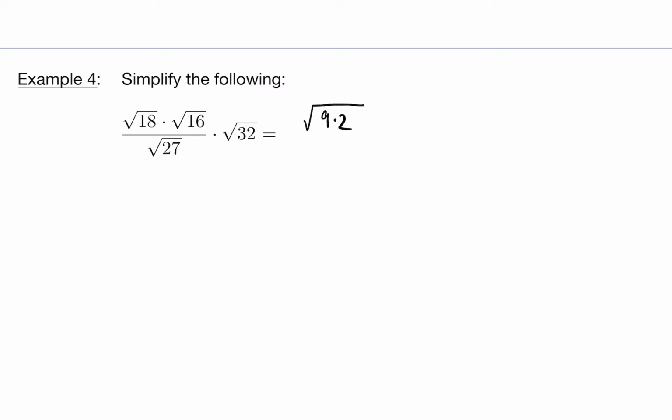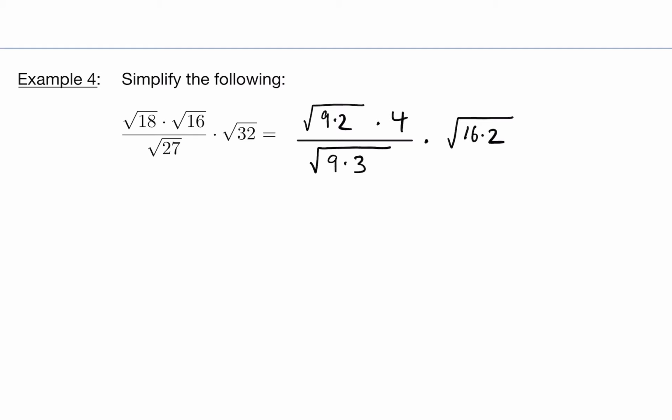And then the square root of 16, we should recognize as 4, so that's just times 4 divided by square root of 27 works out to 9 times 3. Okay, and then the square root of 32 works out to 16 times 2. Okay, you could use 8 times 4, but that again would require an extra step. Okay, 16 times 2 is nice because we already have a perfect square here.